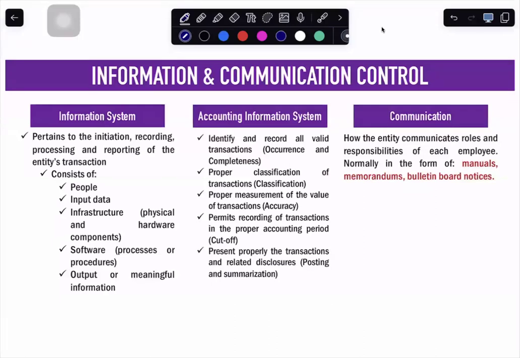It will not still deter the problems or threat. Therefore, it must be properly communicated. So how do we communicate it? It is through manuals, memorandums, and you have your bulletin board messages. So it is important that you communicate whatever are the responsibilities and roles or the controls in place.